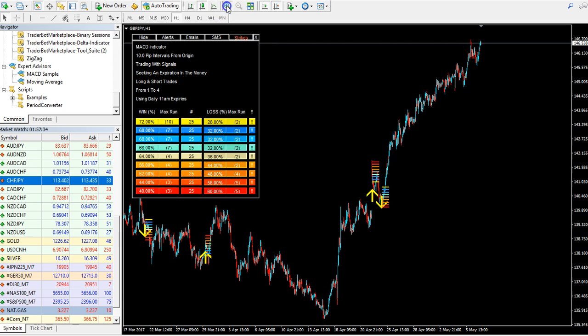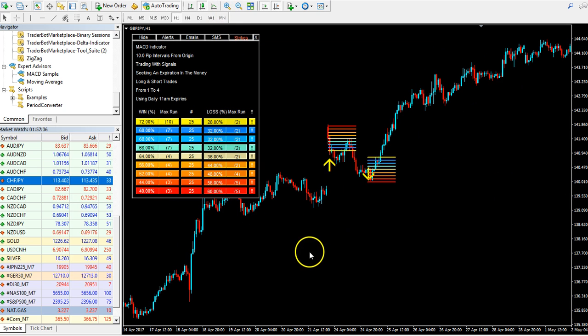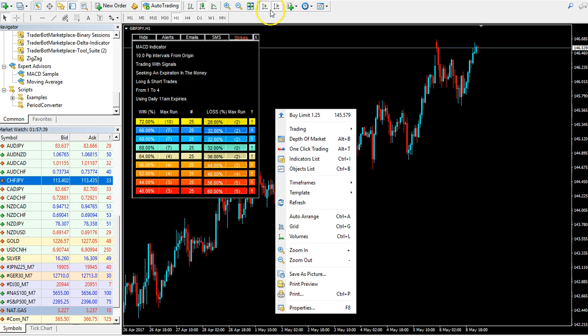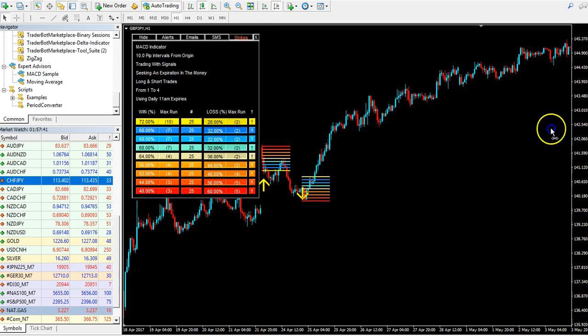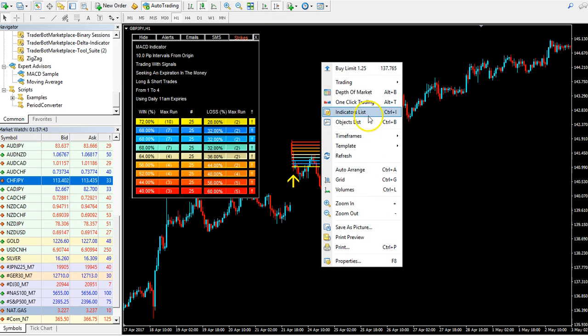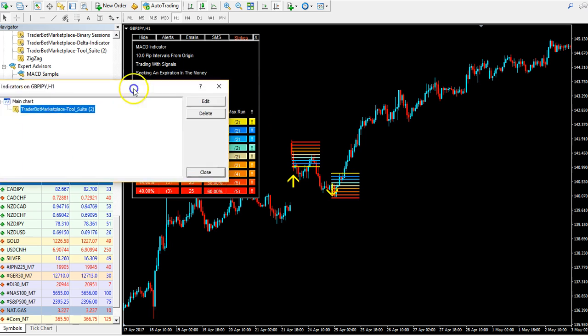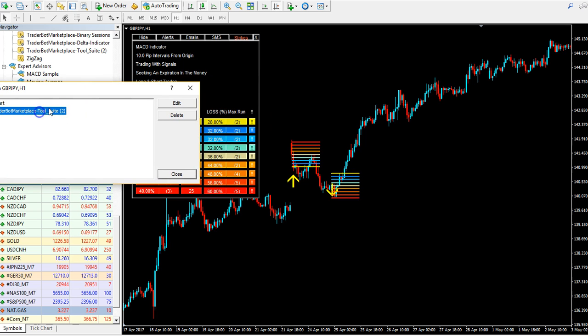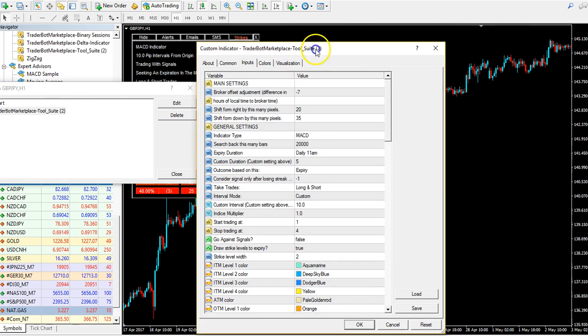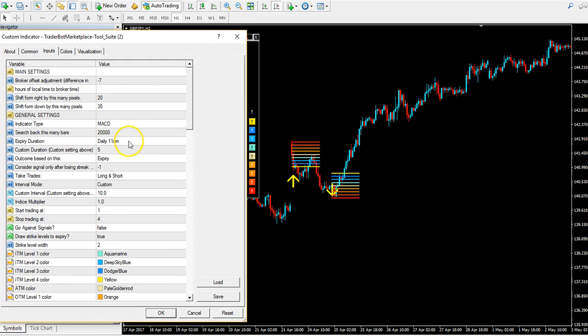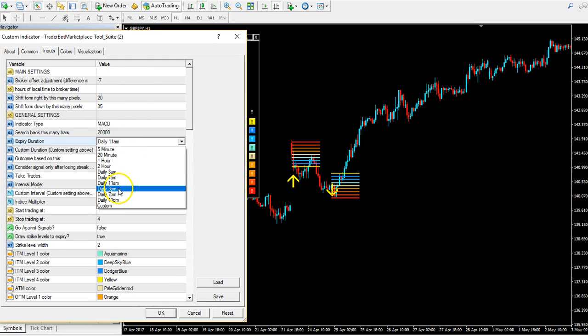Now, what if we want to change, instead of looking at an 11 a.m. expiry, what if we wanted to look at a 3 p.m. expiry?